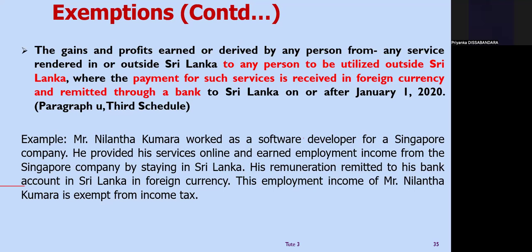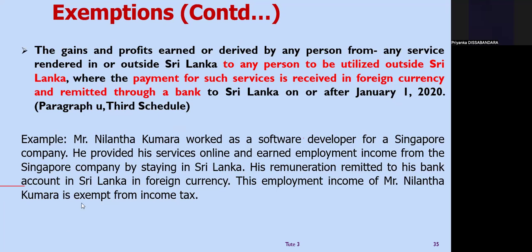If we receive foreign currency through a bank for the services rendered in or outside Sri Lanka, and if that service is utilized by a person outside Sri Lanka, then that kind of income is exempt from income tax on or after 1st of January 2020. So this is also a new insertion from the Inland Revenue Amendment Act number 10 of 2021.